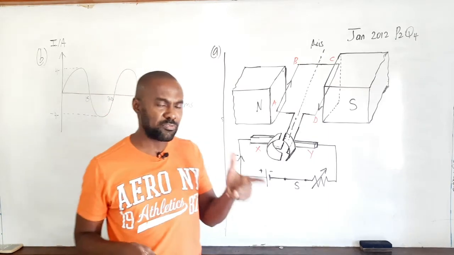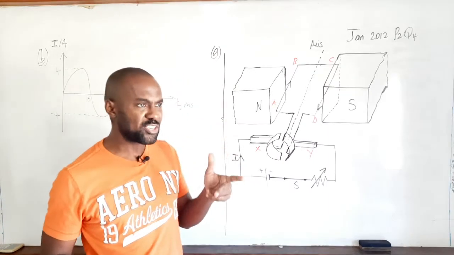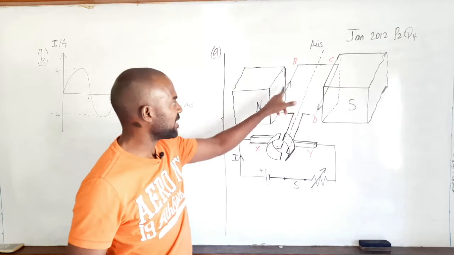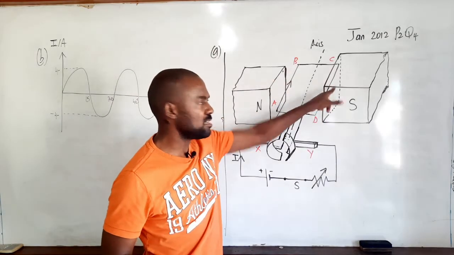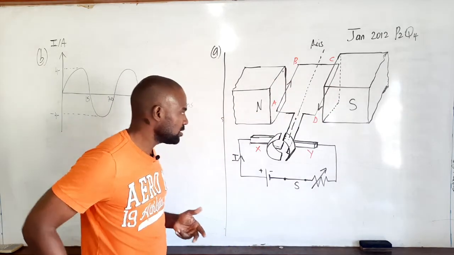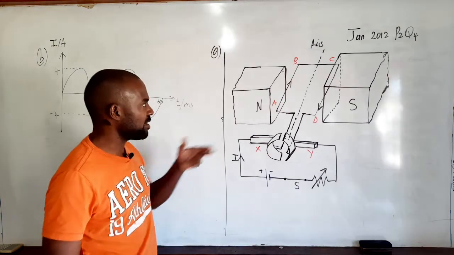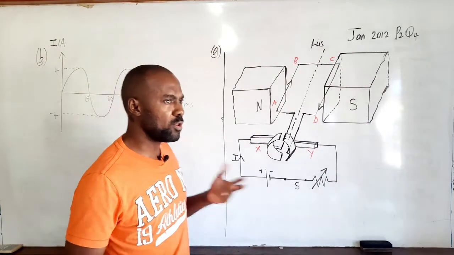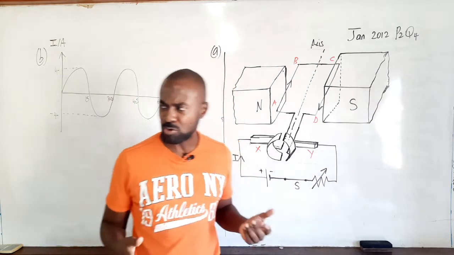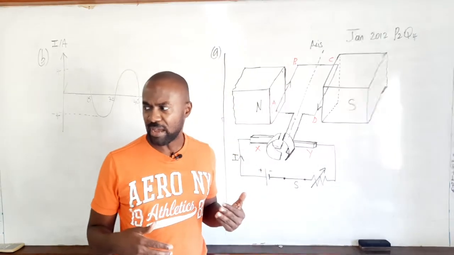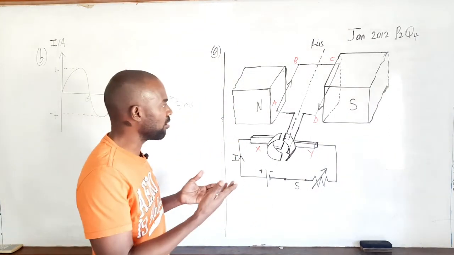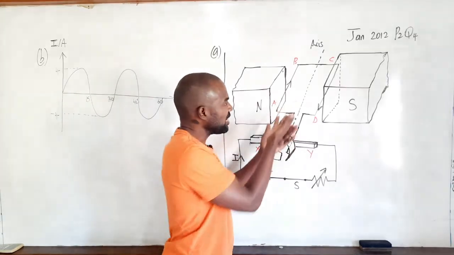So we're going to use Fleming's left-hand rule to predict the direction of the force on side AB and side CD of the coil. Let's apply it to side AB. Once again, if you're looking at the paper, the diagram is better drawn, and you can almost visualize that the coil is being pushed into the paper.